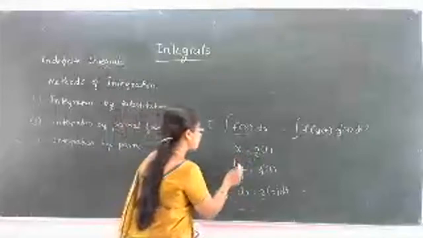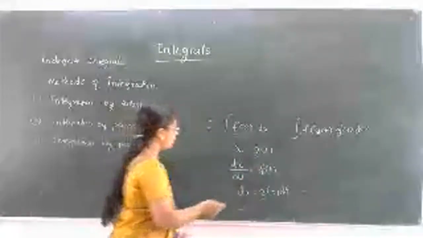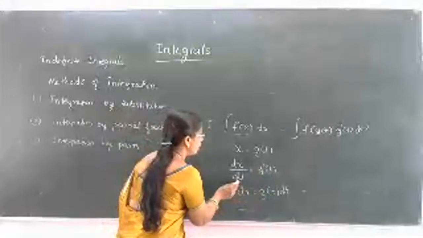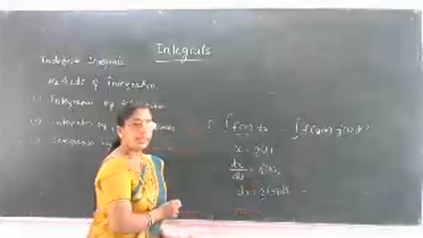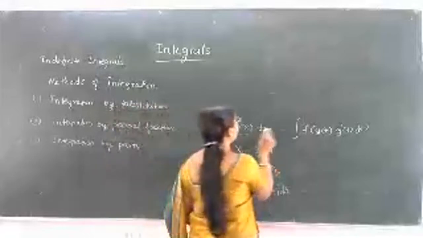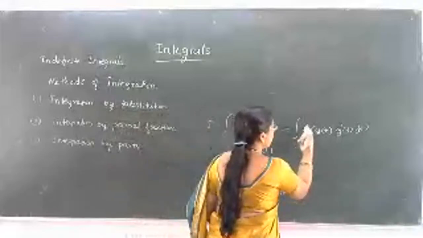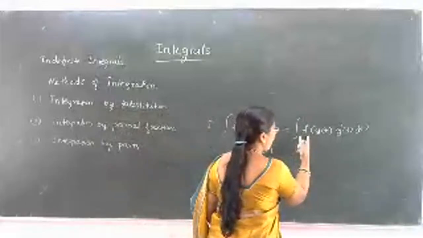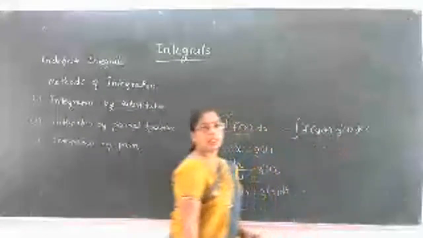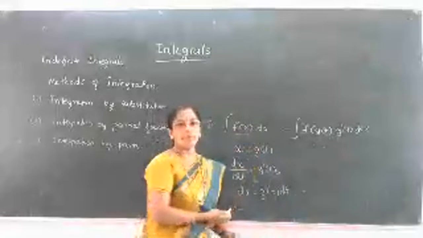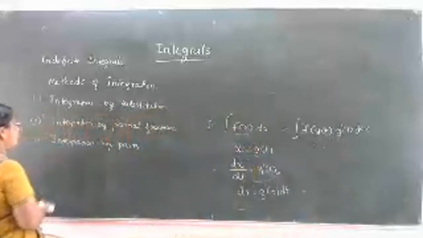We get dx by dt is equal to g dash t. Then dx is equal to g dash t into dt. Then the integration I is transferred to the integration of f of g of t into g dash t into dt. Then we integrate the function. This is integration by substitution.